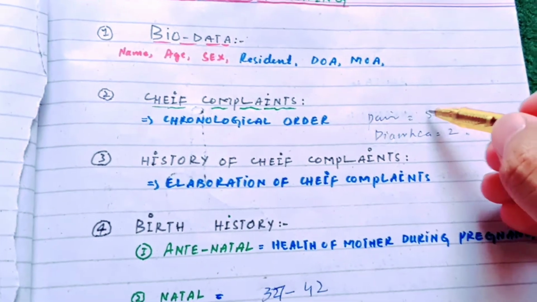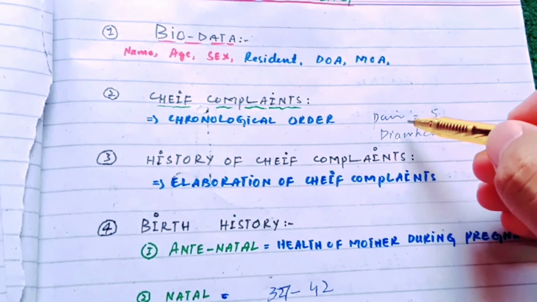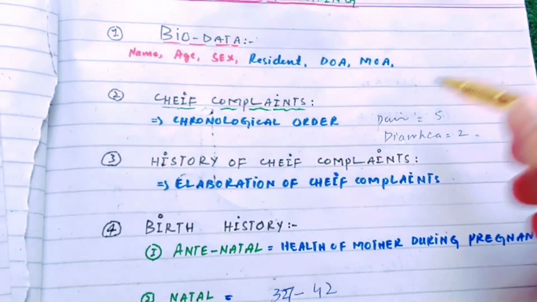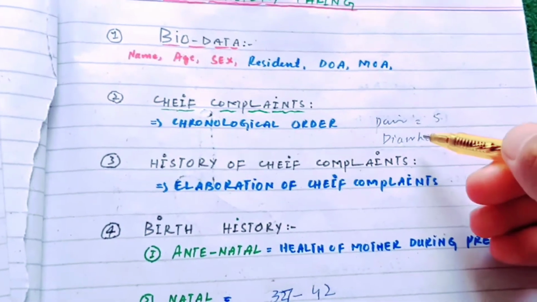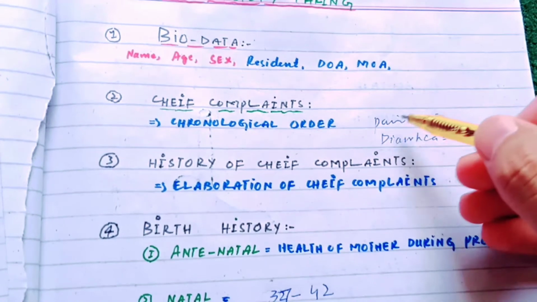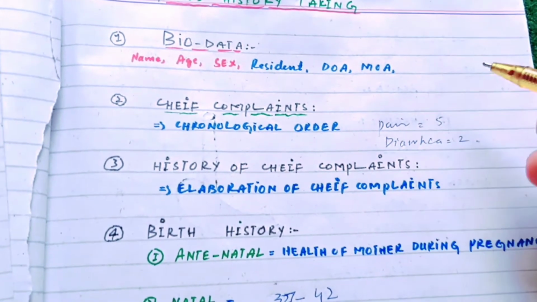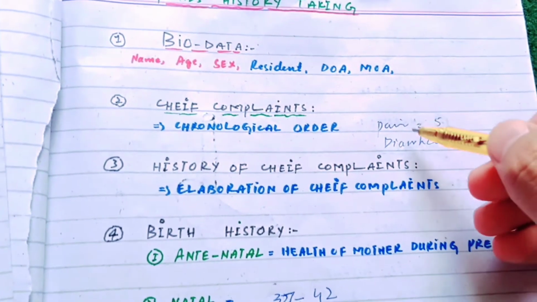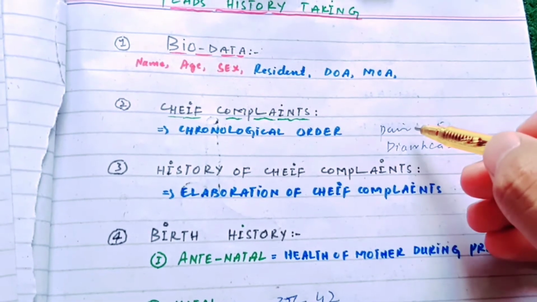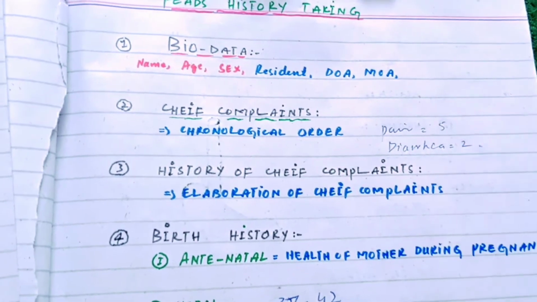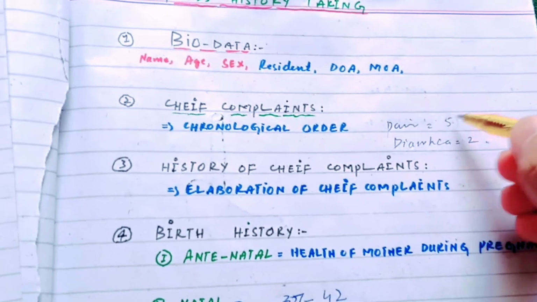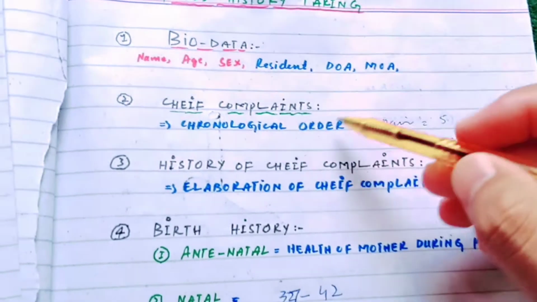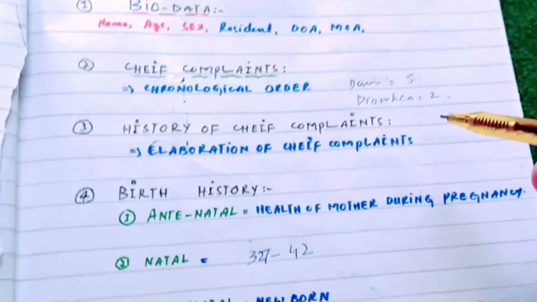For example, if a child is presented to the OPD or to the emergency with abdominal pain, then describe the pain: what is the onset of pain, what is the severity of pain, what is the site of pain, is the pain radiating or is it localized, is there any aggravating or relieving factor for the pain, and is there any associated symptom with the pain. So in history of chief complaints, elaborate the chief complaint one by one.